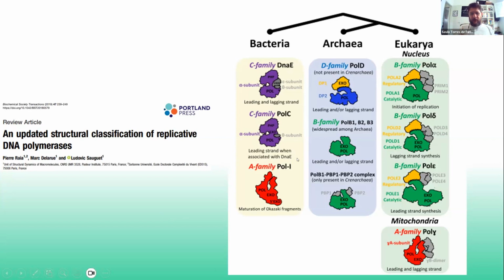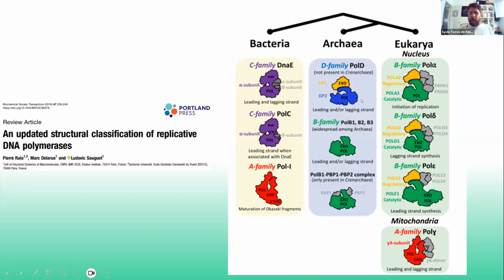In bacteria, we have two families, the family C and the family A. And the family A you can also find in the mitochondria. This makes more sense because everybody knows that the origin of the mitochondria is from a bacterial lineage.